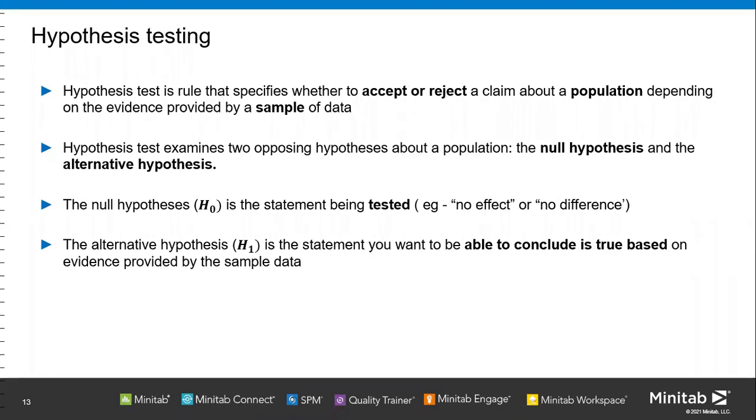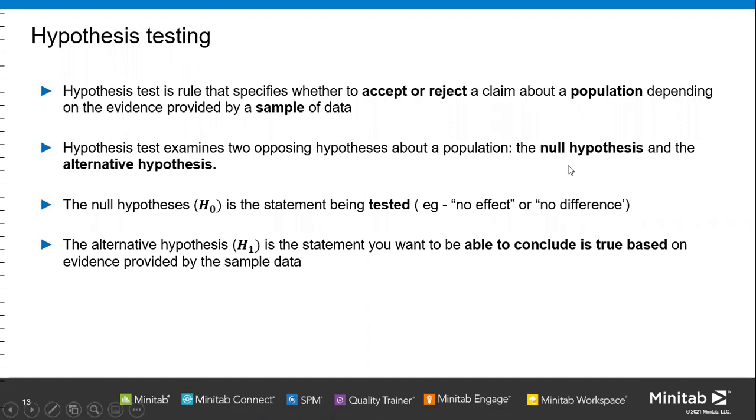I think a lot of us know about the population. A population is a collection of people, a collection of items, or a collection of events about which we want to draw a conclusion. Inside the population, we have a sample, which is a subset of the population.